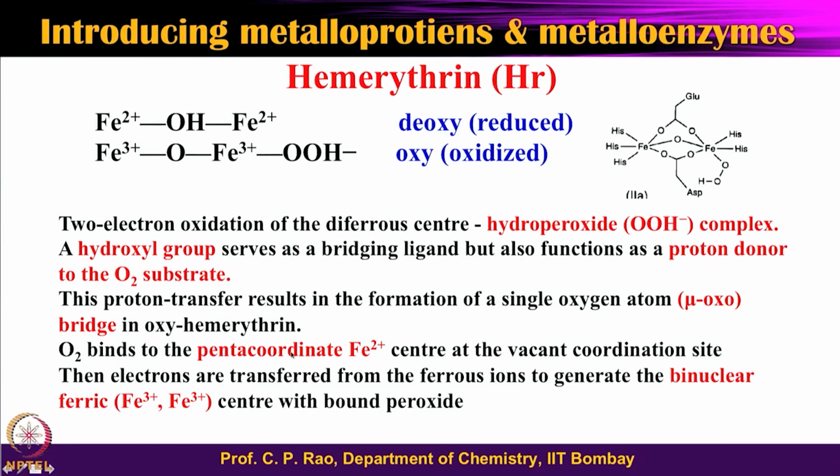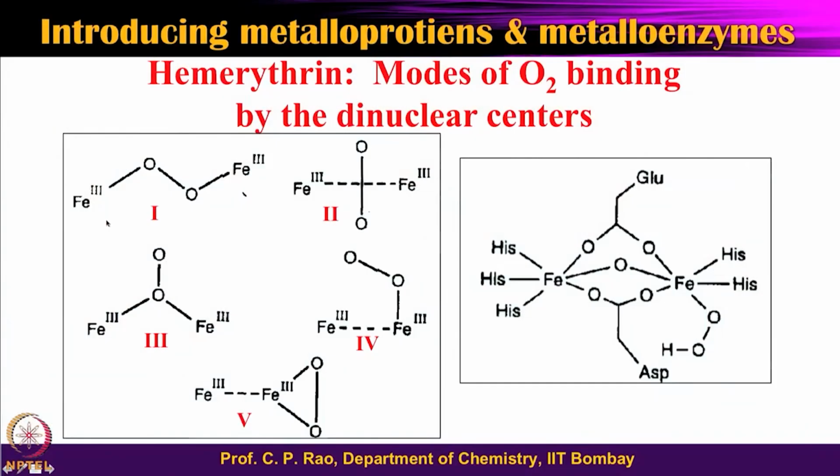This is all I explained to you. Okay. So, this is besides the carboxylate bridge, etc. So, therefore, those are something important. Now, so it is a di-iron center. So, one can make some kind of a guess, between the two iron centers, what different ways an O2 can bind.